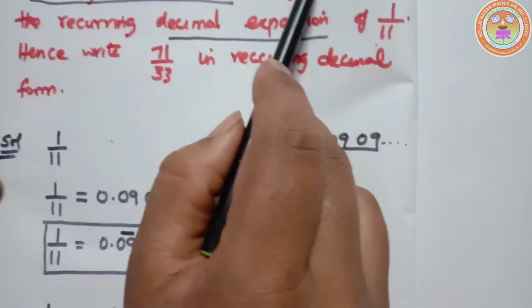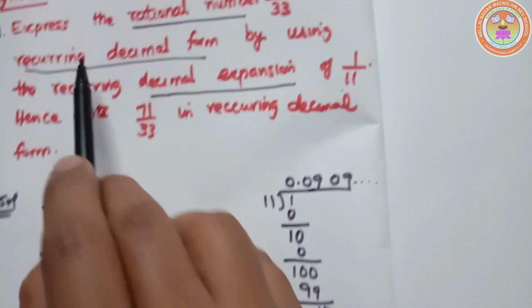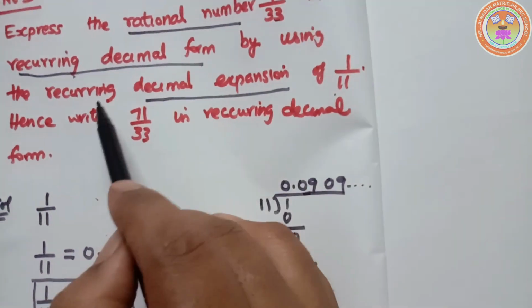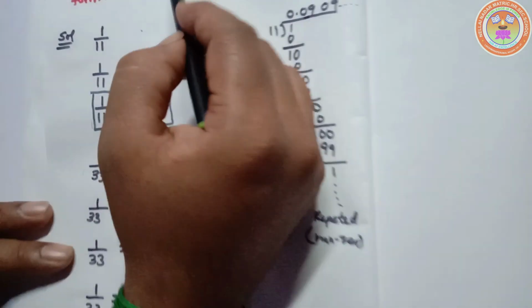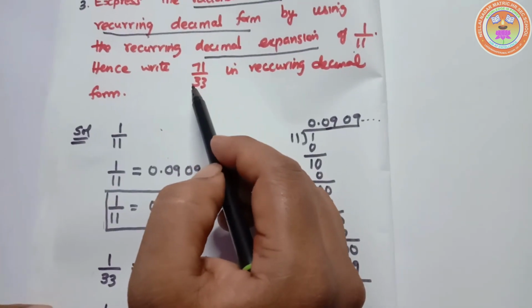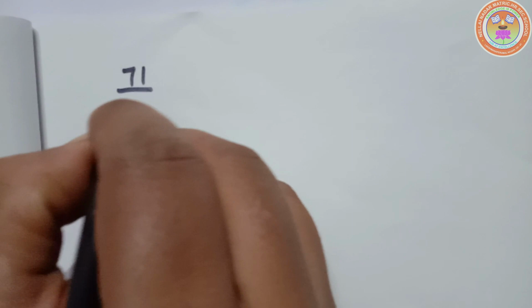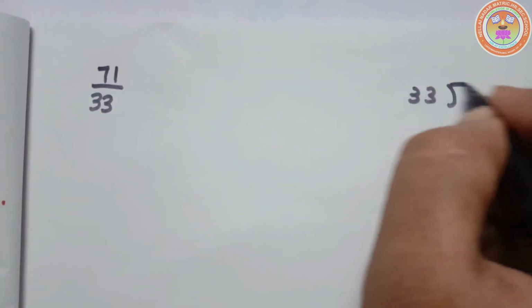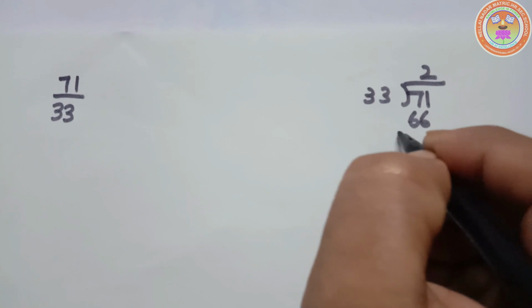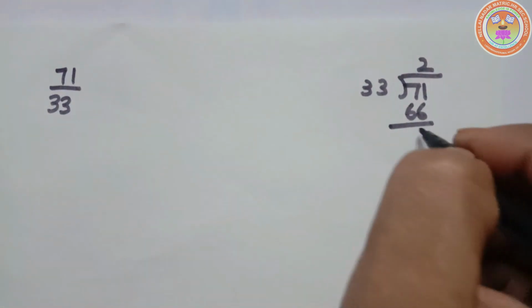So the first one is to find the rational number 1 by 33 in recurring decimal form using the recurring decimal expansion of 1 by 11. Now you are going to write 71 by 33. 71 divided by 33, right, children? 2 times 33 is 66, balance 5.